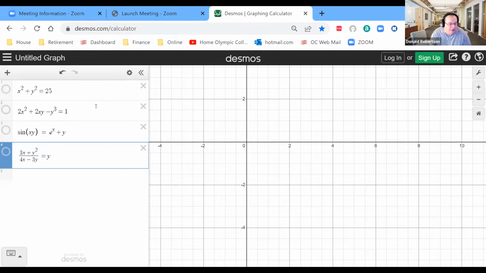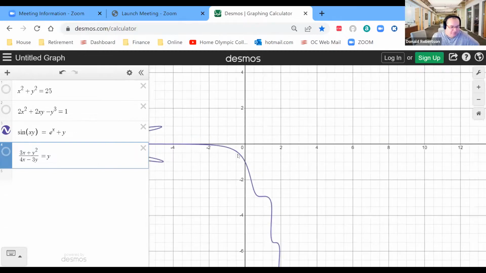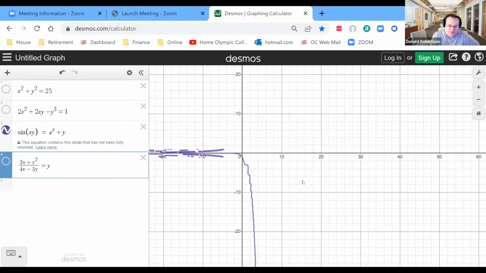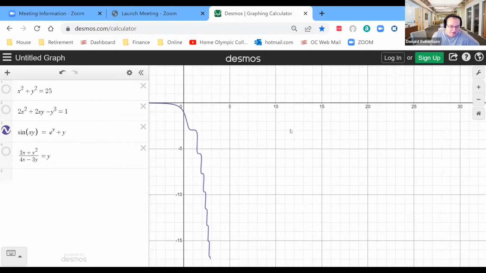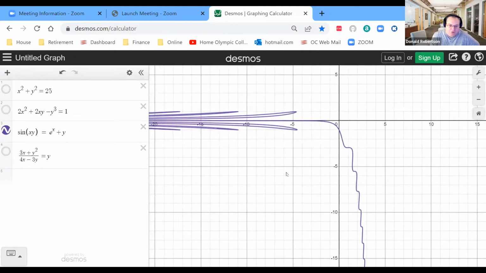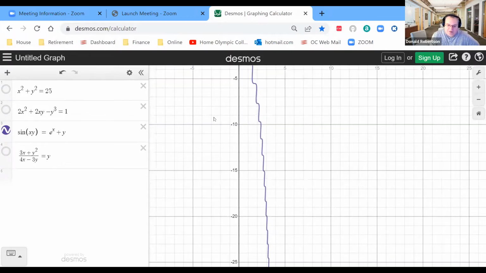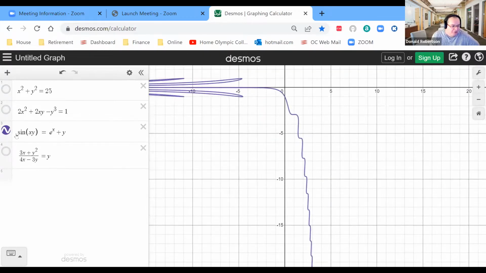Right, make that one go away. Now here's one that will break the computer. See, it looks okay until you move over here. So you can imagine that implicit expressions can really generate some very weird shapes.